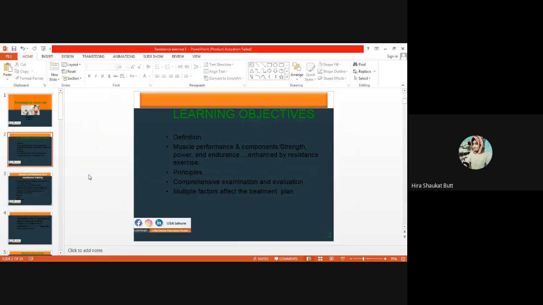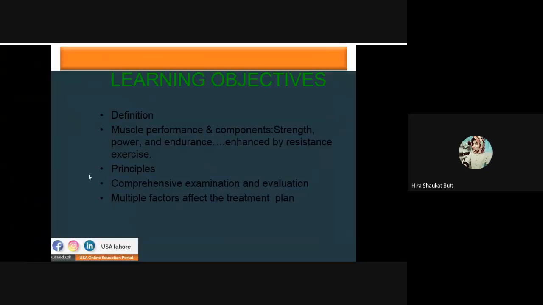What is muscle strength? What is muscle power? What is muscle endurance? And how can these components be enhanced by resisted exercises? What are some principles of resisted exercises? These are the very basic things we will discuss in today's lecture, and the further headings we will cover in upcoming lectures.